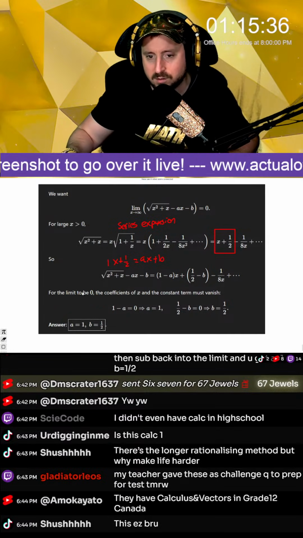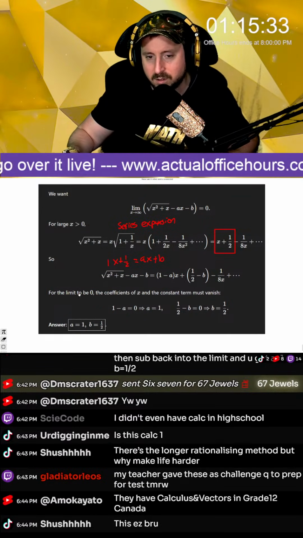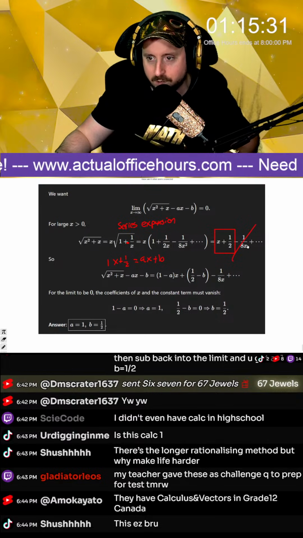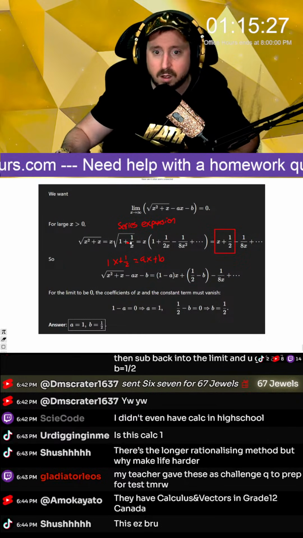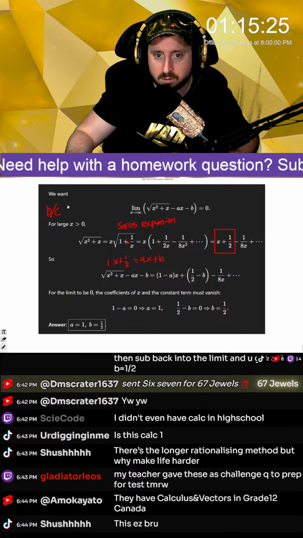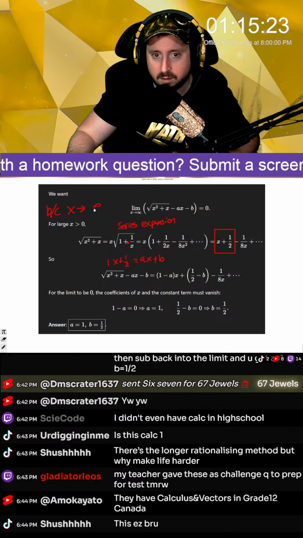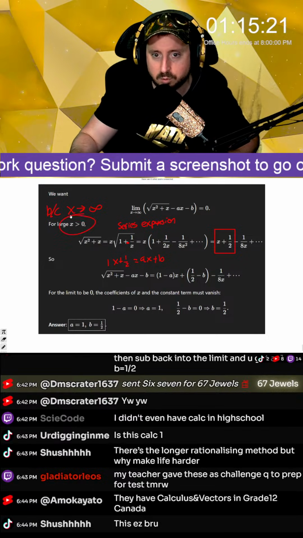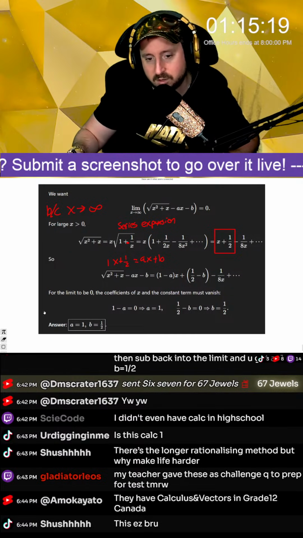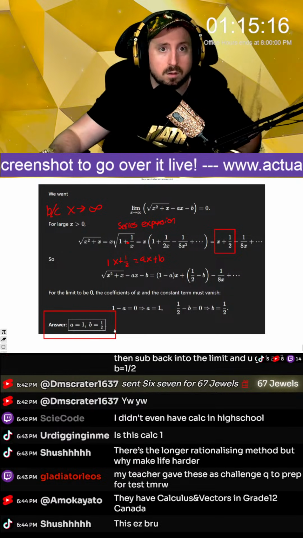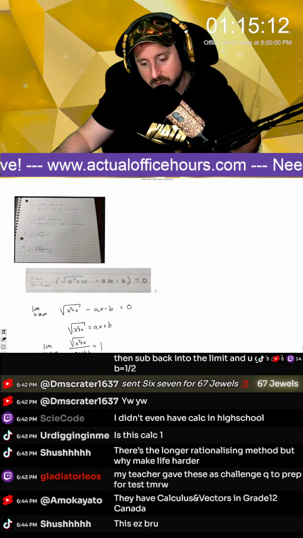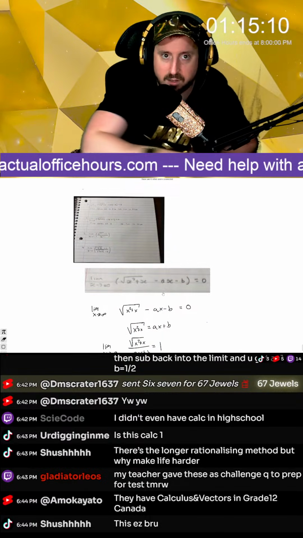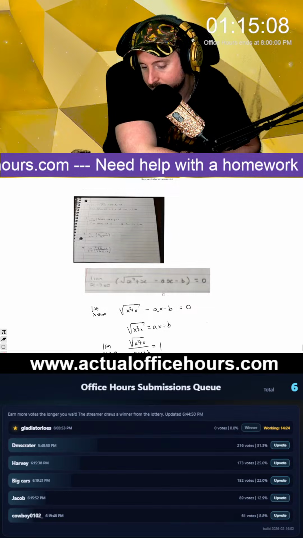Yeah, the coefficients have to be the same. And then you assume that if x is large enough, these other terms go away. Which, yes, because x is approaching infinity. Oh, okay, yes. Okay, this is cool. We know x is large because x is approaching infinity in the limit. That's cool. Yeah, I was hoping there was a way to do it without doing the series expansion, but I guess we needed it, unfortunately.